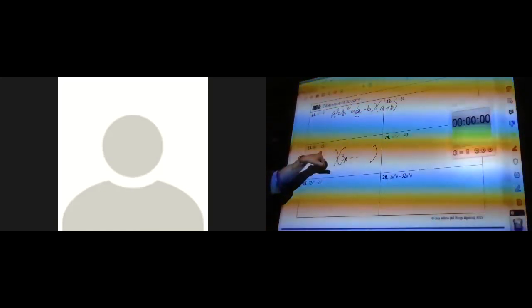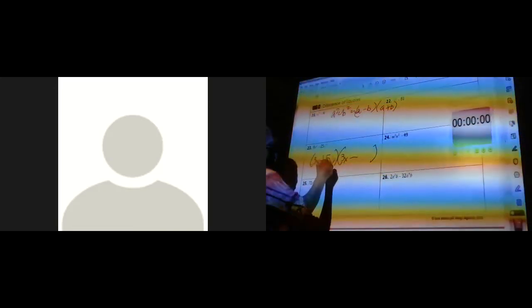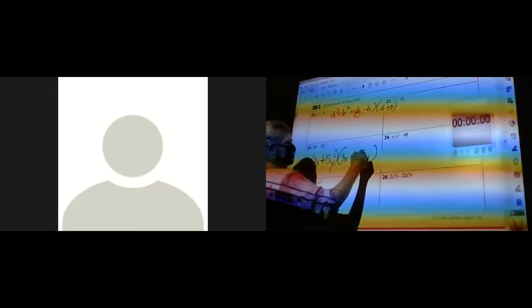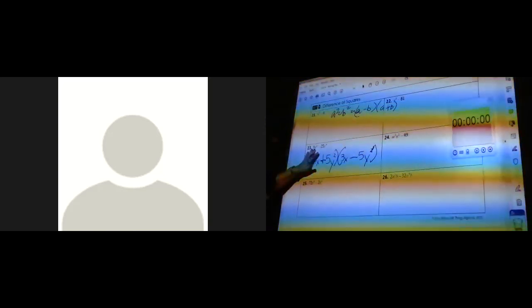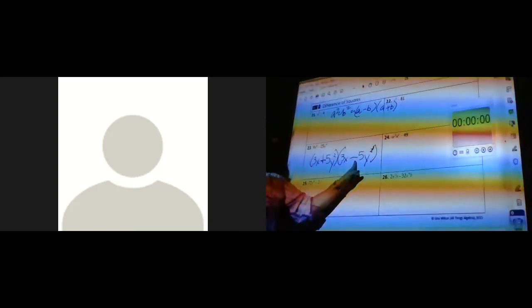What is the square root of negative 25y to the fourth? It's just 5y squared. So you just look, what's the square root of the first term? What's the square root of the second term? It's going to be a plus and a minus.